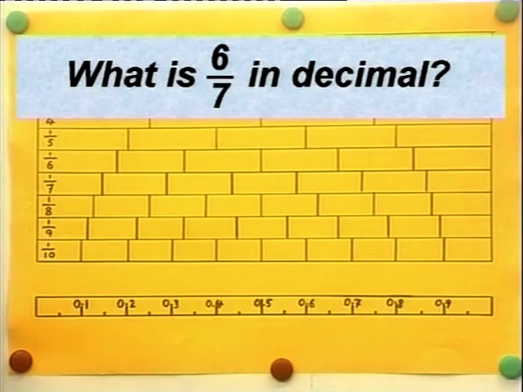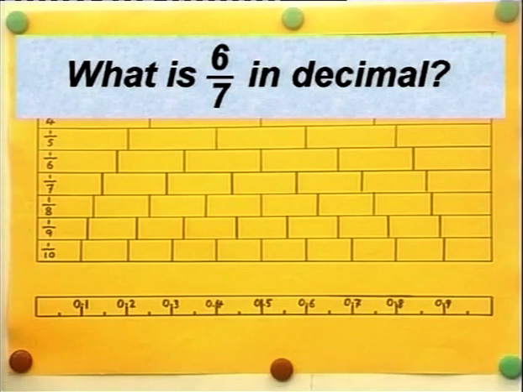To find out the decimal. How can you change 6 over 7 to decimal? So what is 6 over 7 in decimals?